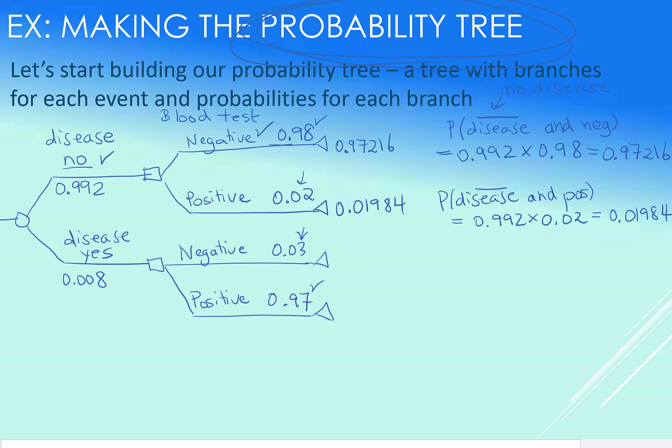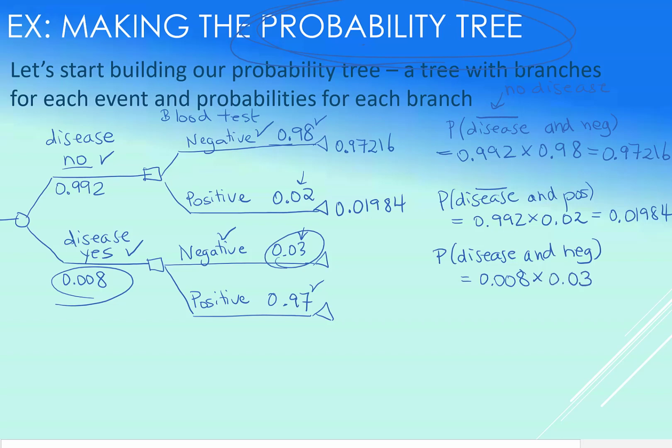Okay. Next one, odds of having disease and testing negative. That's going to be the 0.008 times the 0.03. Okay, and that gives us a very small probability, 0.00024.